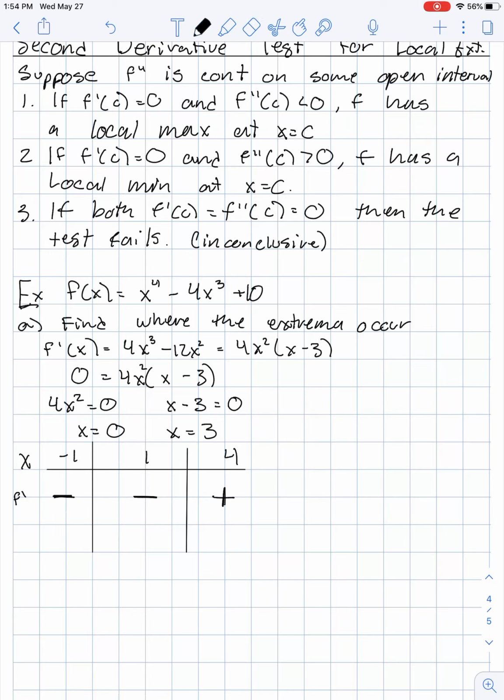I looked at the wrong thing in my notes. Decreasing, decreasing, and increasing, right? So we're going down, down, and then back up. So right there we can see that 1 is not any type of extrema, but 3 is going to be a local min. Perfect.